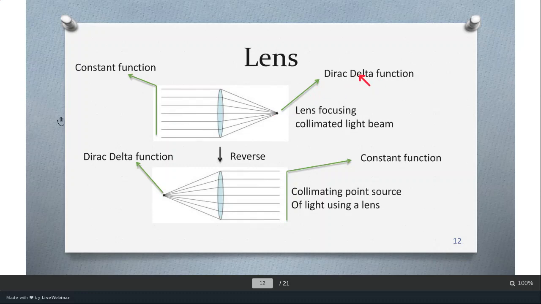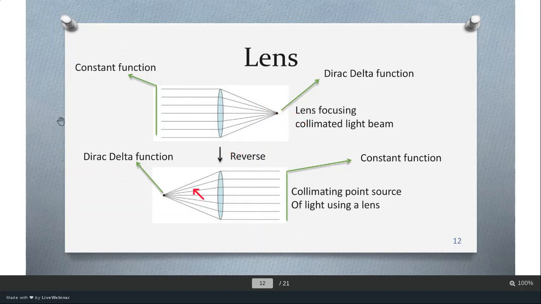Of course, this is mathematics, but we learn it in quantum mechanics in MSc or in BSc also. So this is nothing but the definition of the Dirac delta function. At one point the function shoots up, and at all the other points the function is zero. So what this lens is doing is converting a constant function into a Dirac delta function, and it can do the reverse.